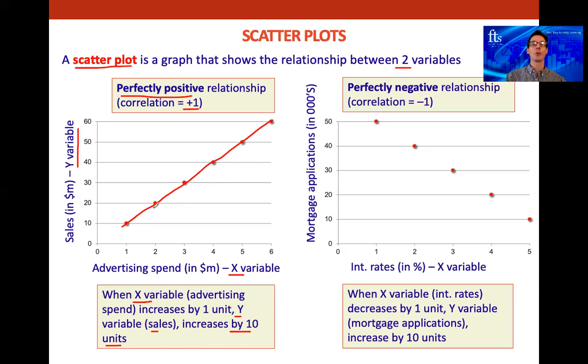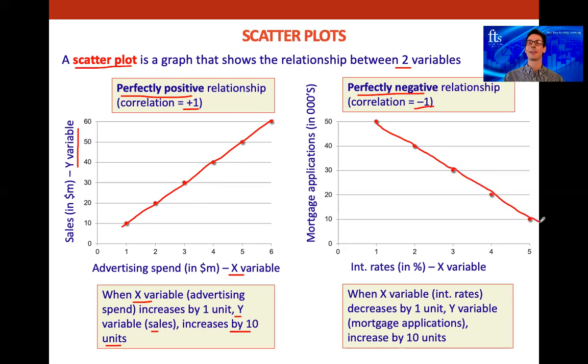Let me say it again: if we can draw an upward sloping straight line in one direction, then we've got a perfectly positive relationship between the two. And then, of course, if we've got a perfectly negative relationship between the two, as we said on the previous slide, the correlation is going to be -1. So in this case, we can also draw a straight line between the dots going in one direction.